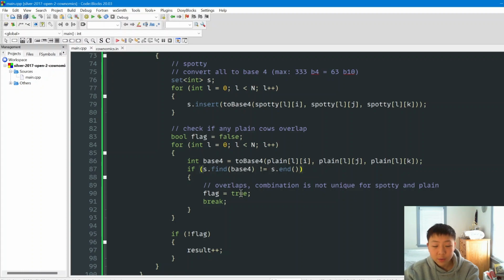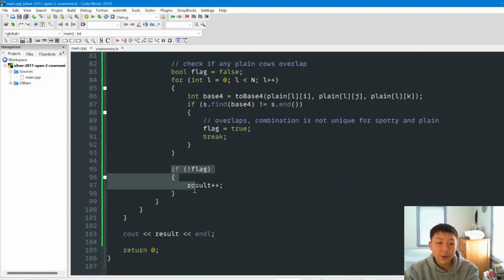If it is, that means it's overlapping. So we're going to put our flag to true, and we're going to break out of the loop. Over here, after we've exited the loop, we're going to check if flag is false. If it's false, that means it's not overlapping. We're going to add 1 to result. If it's true, it's just going to keep looping, and I think that is the end of the program.